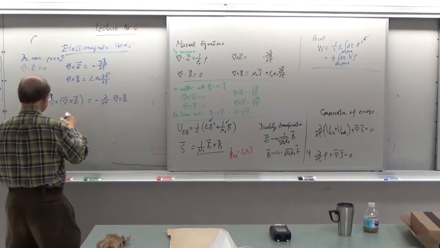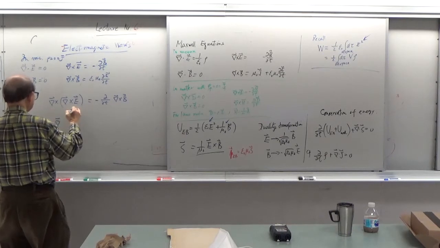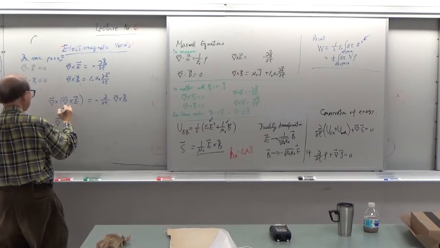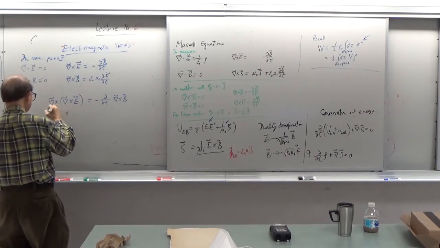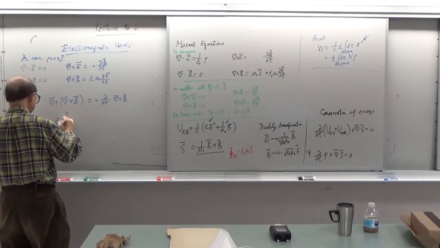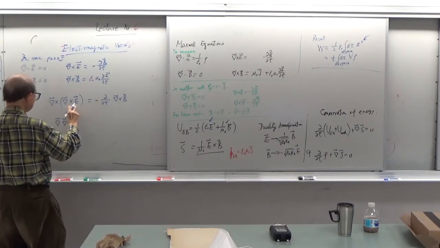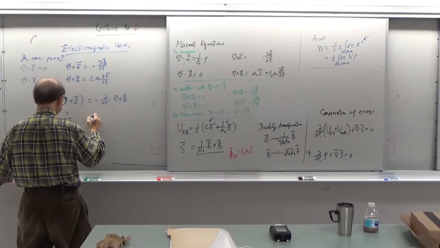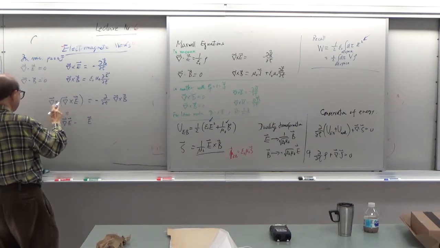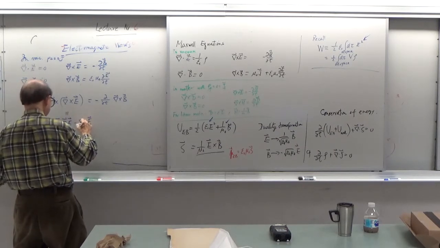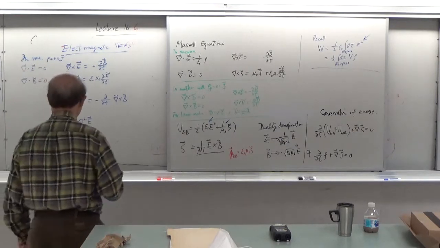One term is in the direction of gradient, gradient times gradient dot E. That's the first term. And the second term is in the direction of E, multiplied by this gradient dot gradient, which is the Laplacian. That's the left-hand side.